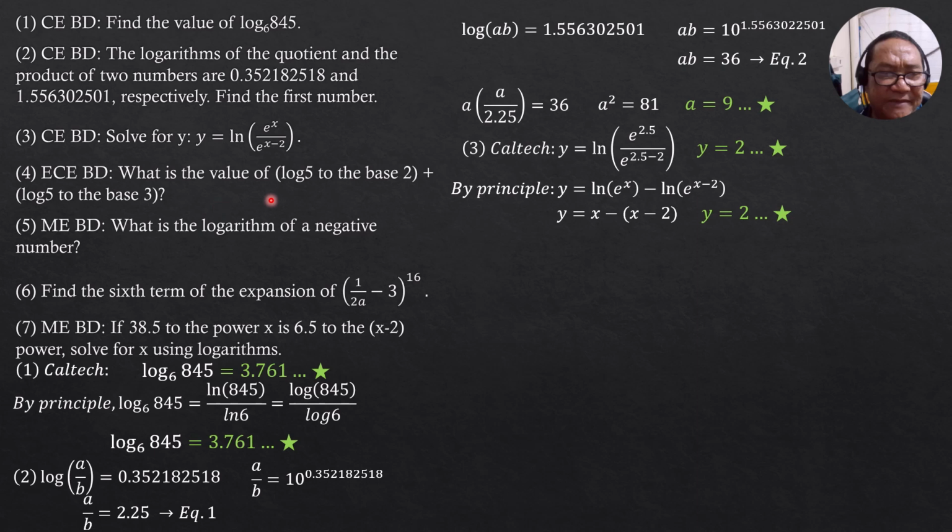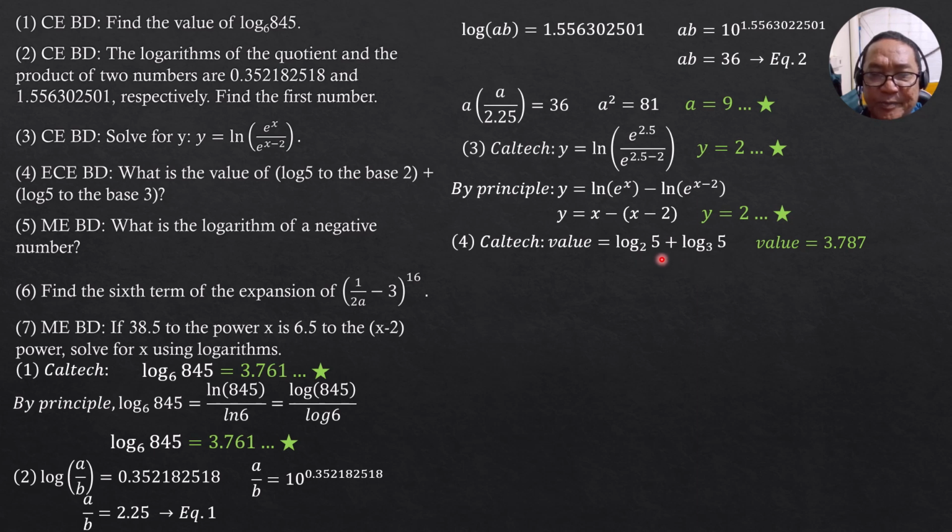Problem 4. What is the value of log of 5 to the base 2 plus log of 5 to the base 3? Using your calculator, you just type this in. Log of 5 to the base 2 plus log of 5 to the base 3 will give us an answer of 3.787. If you use the principle, this is transformed into ln of 5 over ln of 2 plus ln of 5 over ln of 3.